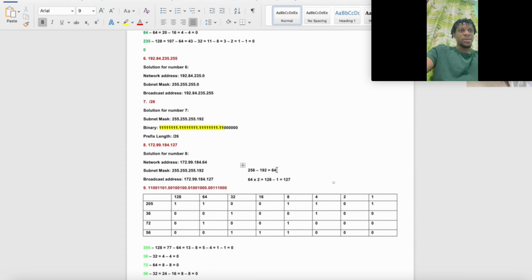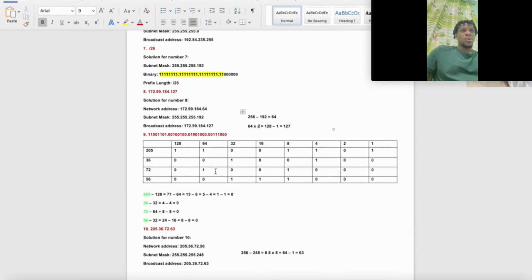Then 64 times 2 equals 128, minus 1, which gives 127. Which brings the answer for the broadcast address, 127.